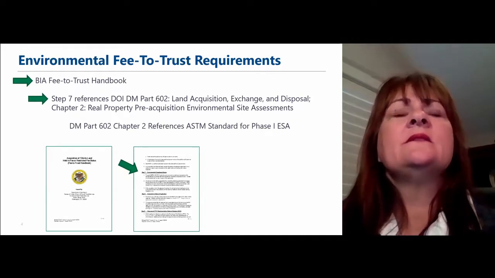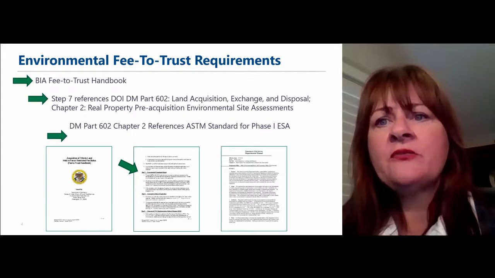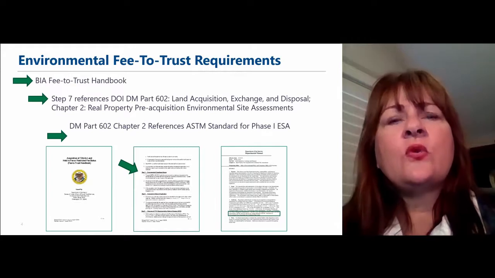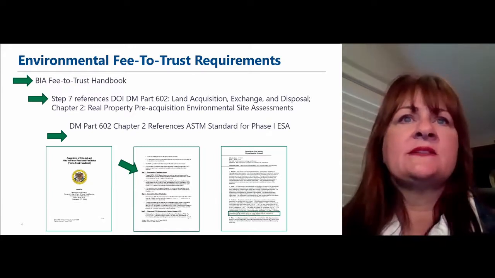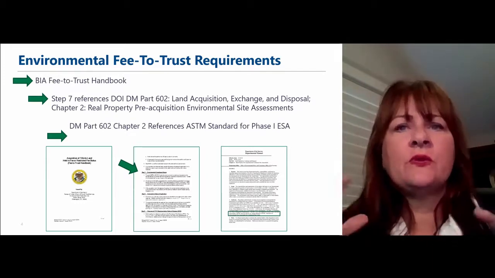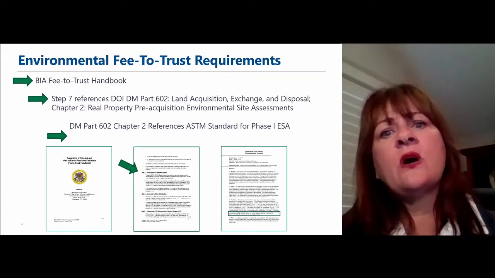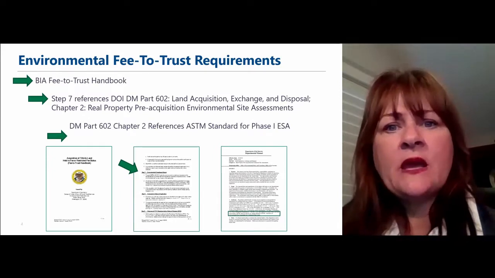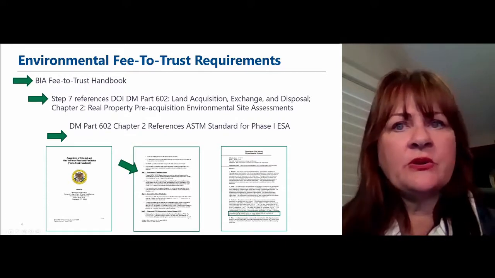And under that Chapter 2, there is a reference to using the ASTM standard for environmental due diligence, or the Phase 1 environmental site assessment process. So this just gives you a little bit of an idea of where the environmental due diligence piece comes into your overall application that you put together to get your properties into trust. It also works, of course, on fee-owned property too that you're looking to purchase.